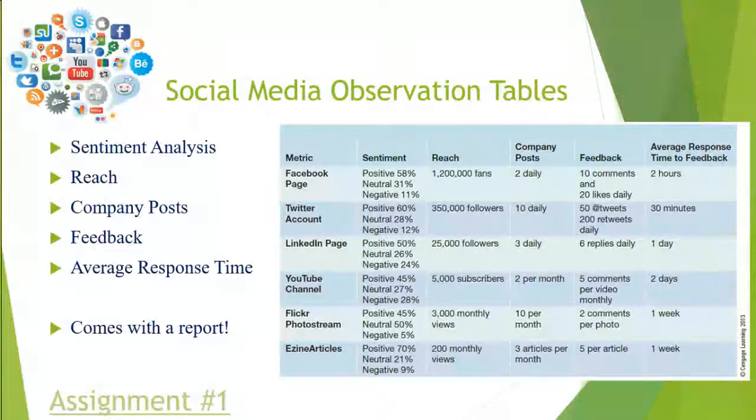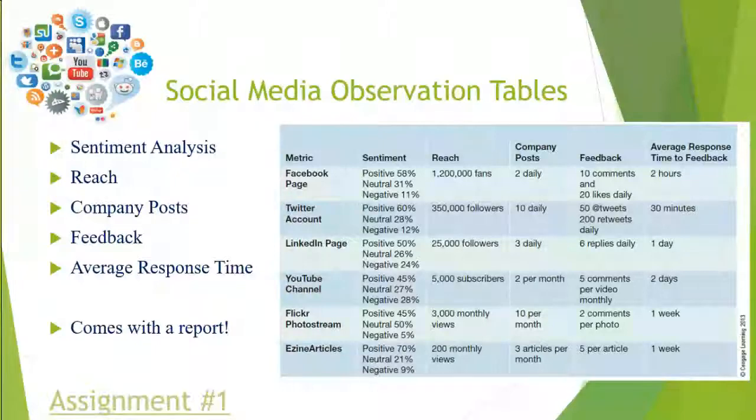This leads us to assignment 1, and assignment 1 is posted in your module folder, and it's also in the assignments folder. You are actually going to do some social media listening for the College of Business at different universities around the country. And so you're going to see how universities are using social media to connect with their stakeholders.